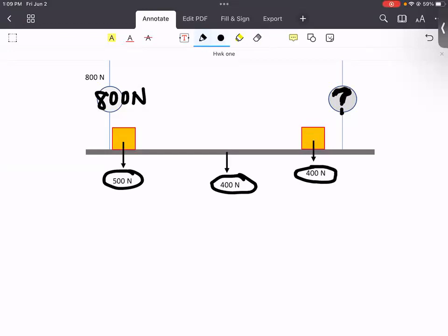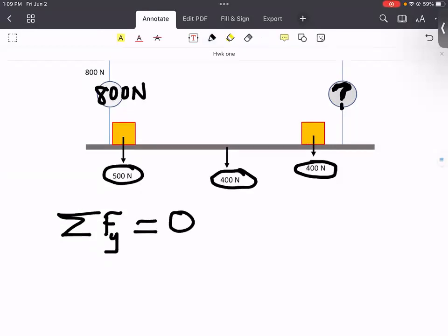We'll call this static equilibrium. So the sum of all forces, and right now we have all forces acting in the y direction, so I'll put a y here, must be equal to 0. That's the condition for equilibrium.